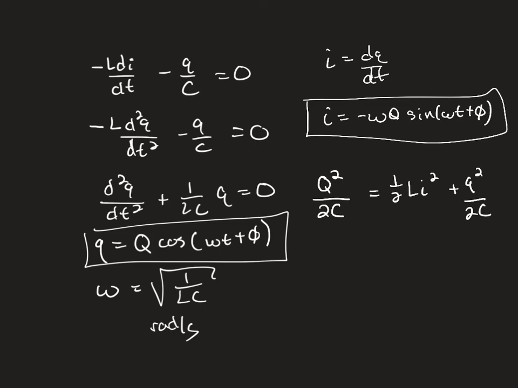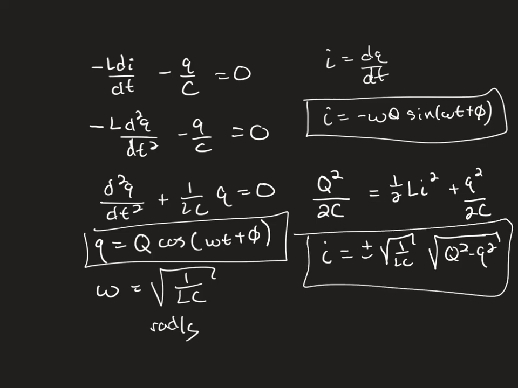Well, if I rearrange this and solve for current, the current in the potential energy for the inductor, I get this particular relationship here. Which allows us to see how the current changes as the charge oscillates on and off of the capacitor. So we have several relationships here that allow us to describe an LC circuit.